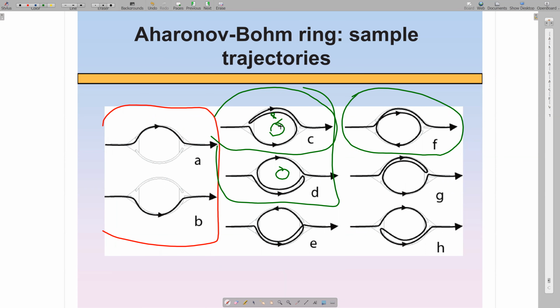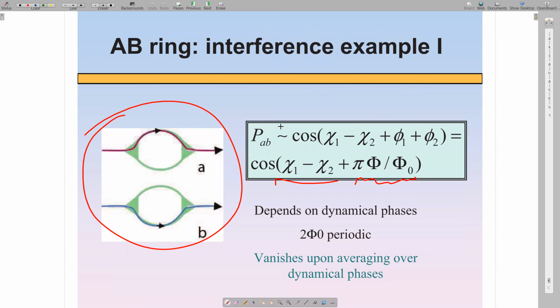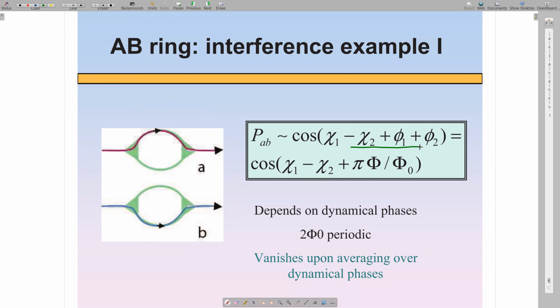Good. So let me look at the results of interference. First, let us consider interference of the simple trajectories. The answer would include the flux, because they form loops, that's the Aharonov-Bohm effect, but also the difference of dynamical phase.